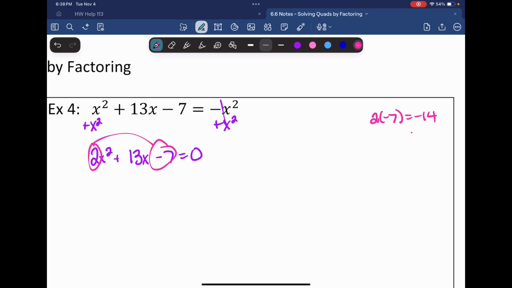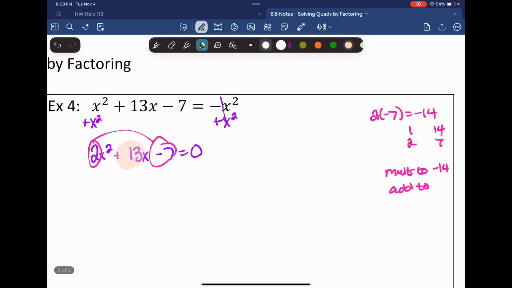List your factor pairs. All right, it has to multiply to negative 14, but add to 13.